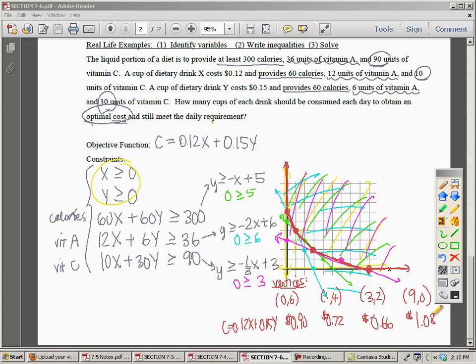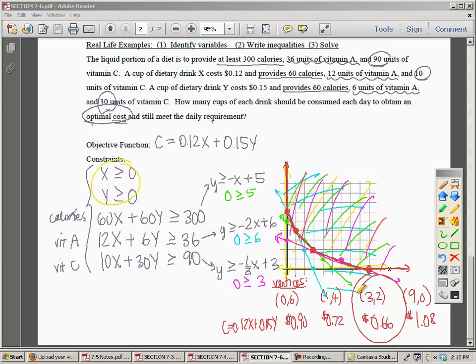Now the question is, what is this actual question asking? How do I find the optimal cost and still meet the requirement? If I'm a company, I want to spend the least amount of money, but still meet whatever requirements people have. So the least amount of money means I want a minimum.